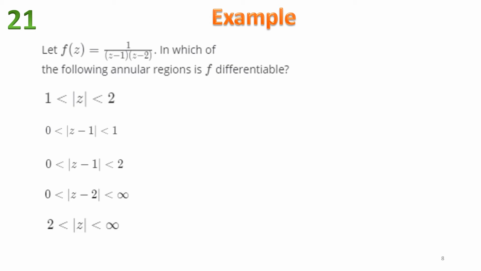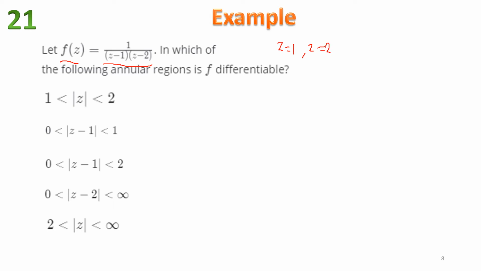Now let us consider the function f of z equal to 1 upon (z minus 1) into (z minus 2). Obviously the points z equal to 1 and z equal to 2 are the spoilers.